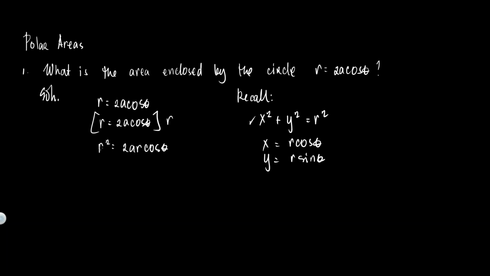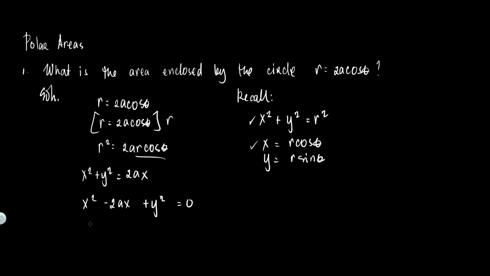So, substitute natin dito. We have x squared plus y squared equals 2a. What is r cosine theta? r cosine theta is the x. Okay, so transpose. So, x squared minus 2ax plus y squared equals 0.